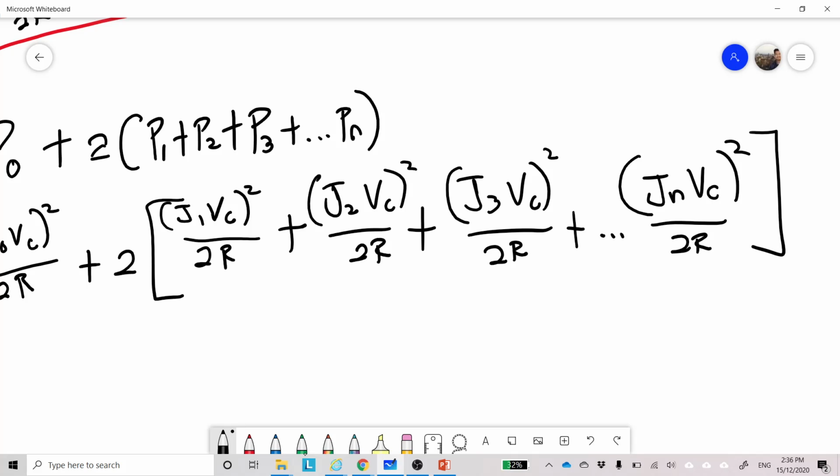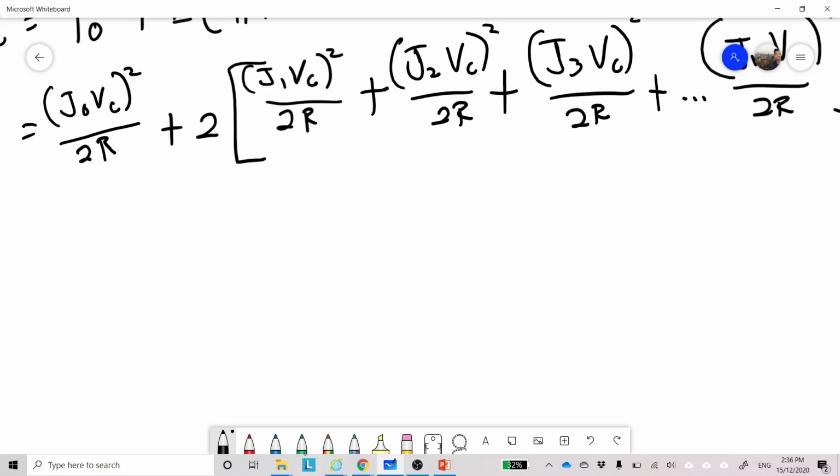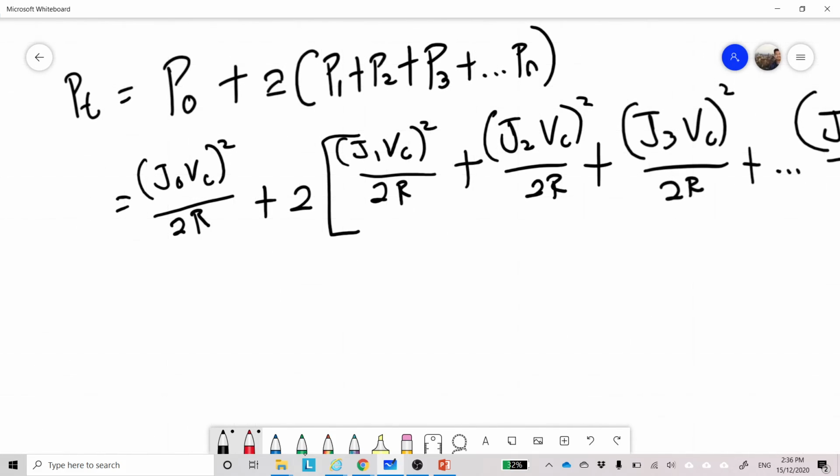Okay. So you're going to see that apa yang dibuat dalam nota kamu adalah dia nak tunjukkan bahawa ini adalah PC. This is the PC parameter, carrier power. All of this is a carrier power.